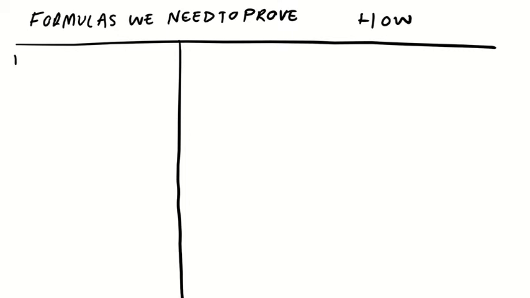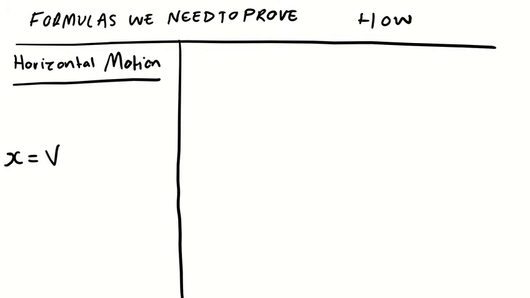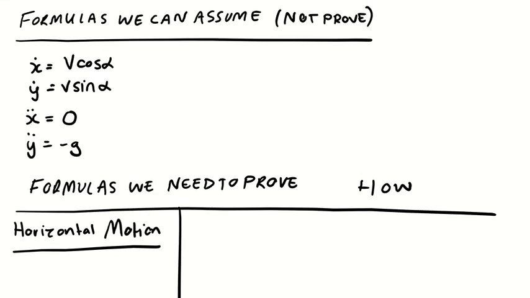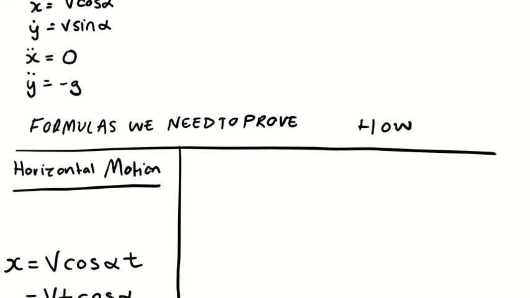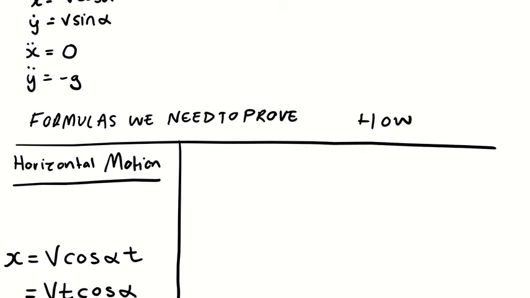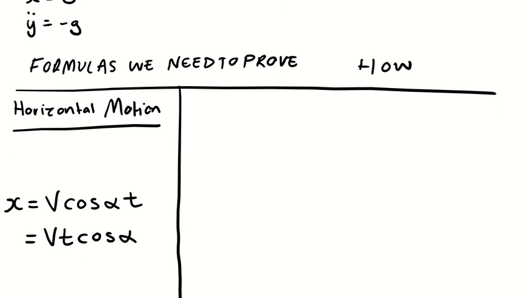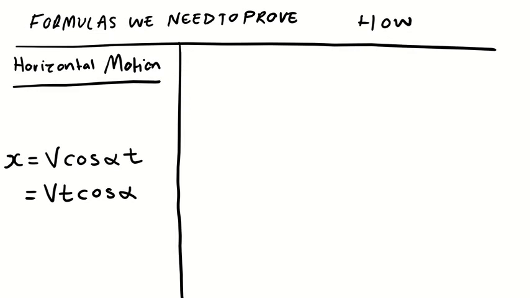The first formula is for horizontal motion, and we're going to prove this, or more commonly written as x equals v t cos alpha. Notice that all this is the integral of one of our initial conditions up here. All they've done is put a t on the end of it, and now it's x rather than x dot. So this is the position of the particle if you're thinking about displacement, velocity, acceleration.